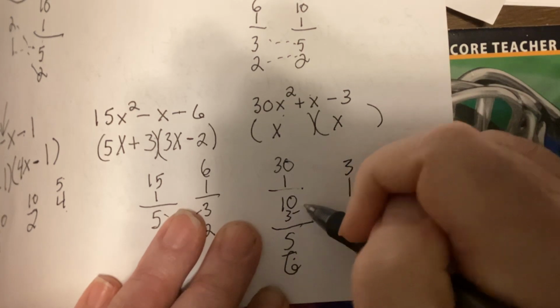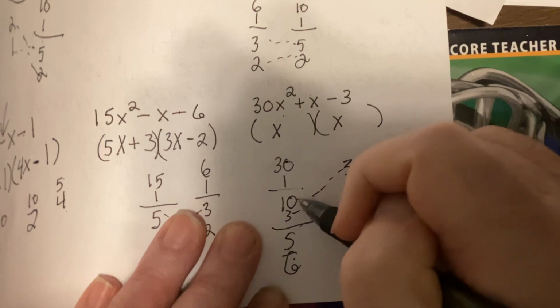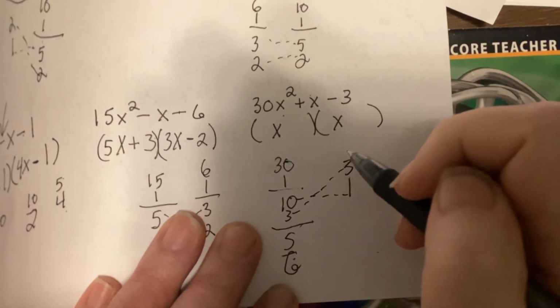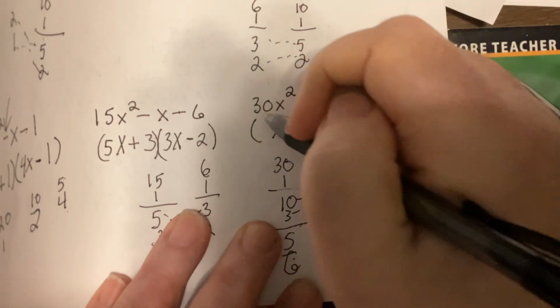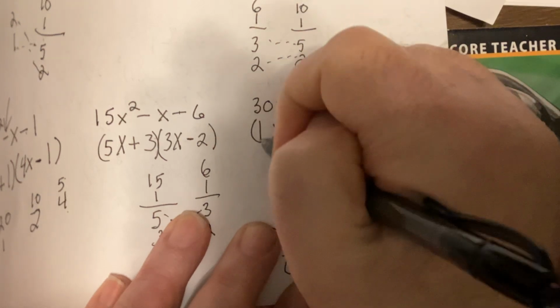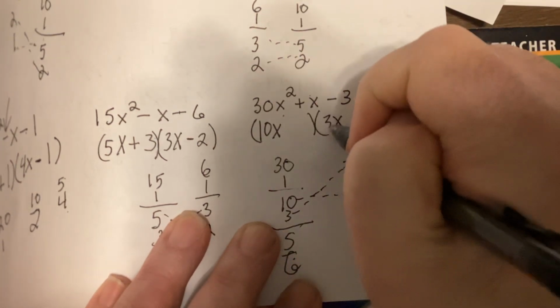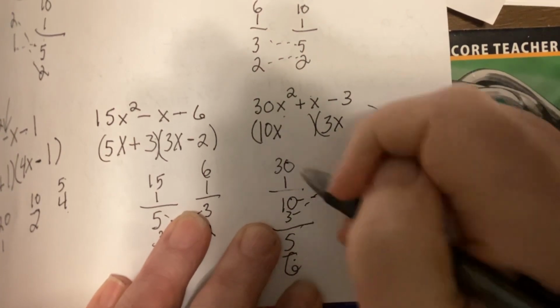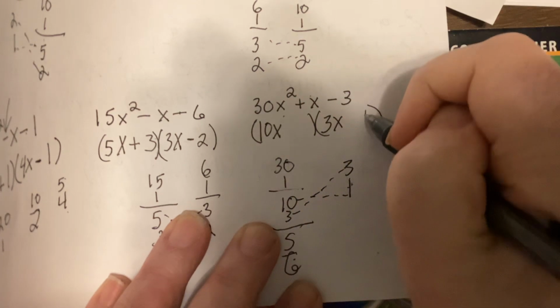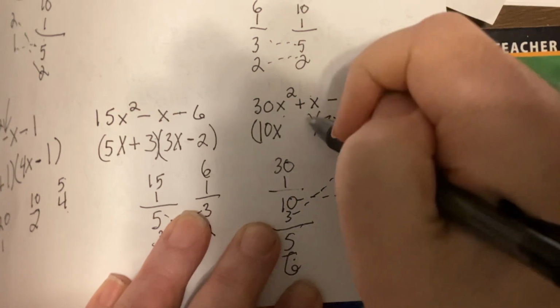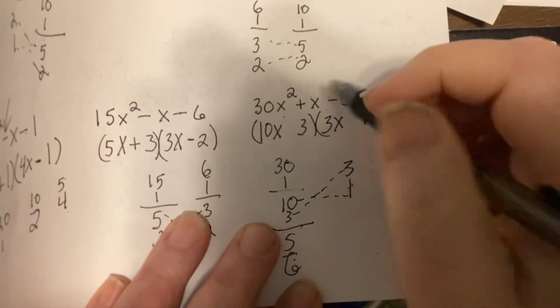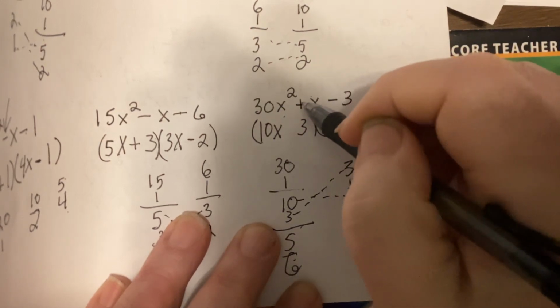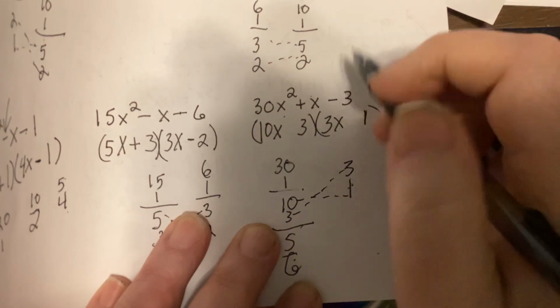How about 3 times 3 is 9, 10 times 1 is 10. So 30, the first terms are 10 and 3. I want 1 with the 10. Outer, inner, the way I've written it, is here. Largest combination has to go with this sign, which is 10 and 1.